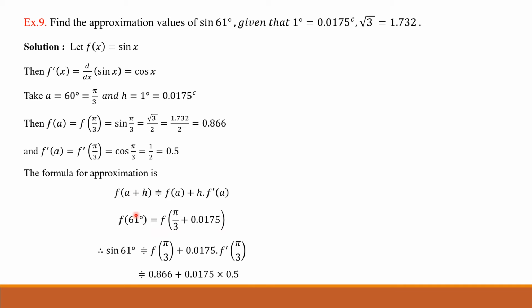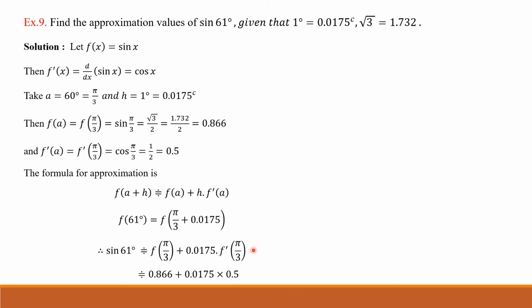Therefore, f of 61 degree, as f of x is sin x, is sin 61 degree, equal to, putting the value of A, that is pi by 3, and h in the formula of approximation, we get f of pi by 3 plus 0.0175 into f dash of pi by 3. We know that f of pi by 3 is 0.866 plus 0.0175.